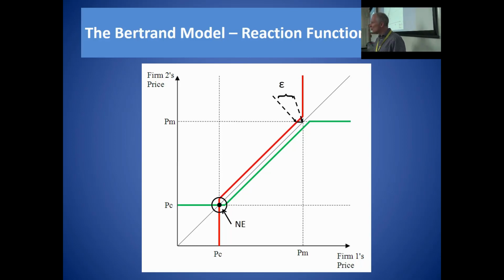Now, these firms could choose any set of prices that they like, but there's only one that we're naturally led towards, only one plausible outcome. And that is the Nash equilibrium there, where both firms are charging exactly the same price, and that exact same price is just equal to the marginal cost of production.